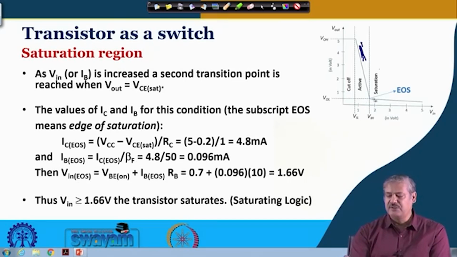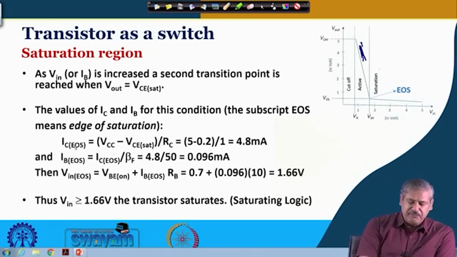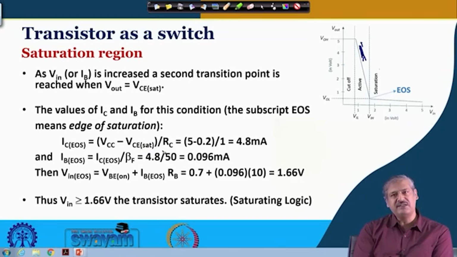So, when it is at the edge of saturation, V out is VCE sat. At that time the current, the IC with a suffix edge of saturation, is VCC minus VCE sat divided by RC.